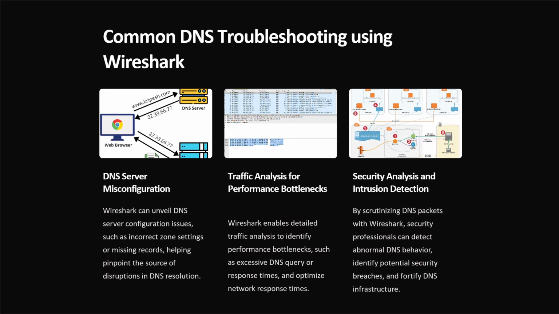Common DNS troubleshooting using Wireshark. Although Wireshark is complete software for analyzing various types of protocols, we can also design a protocol using Wireshark. But what happens in DNS? Whatever we search on the browser, we write some URL or domain name, and it is stored in DNS. The DNS server sends back the IP address, which goes to our system and is recorded in the server.